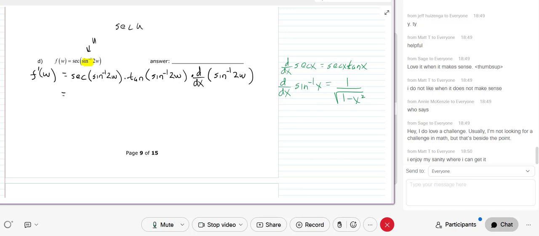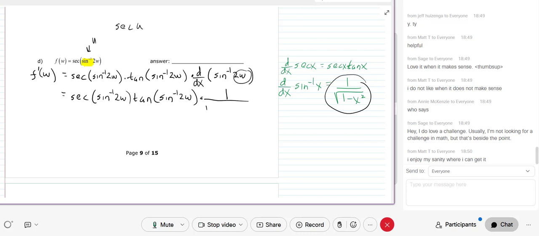Okay, now there isn't going to be a whole lot of simplifying you can do on this problem. You're just going to have secant of inverse sine of 2w times tangent of inverse sine of 2w. And then this is going to go like this. We're going to use this formula. So we do 1 over the square root.